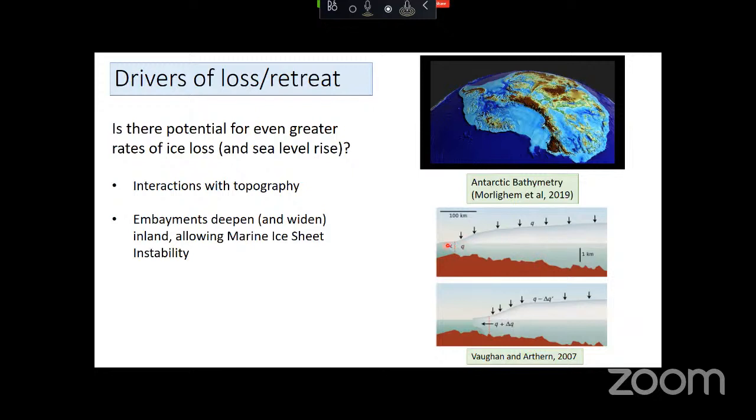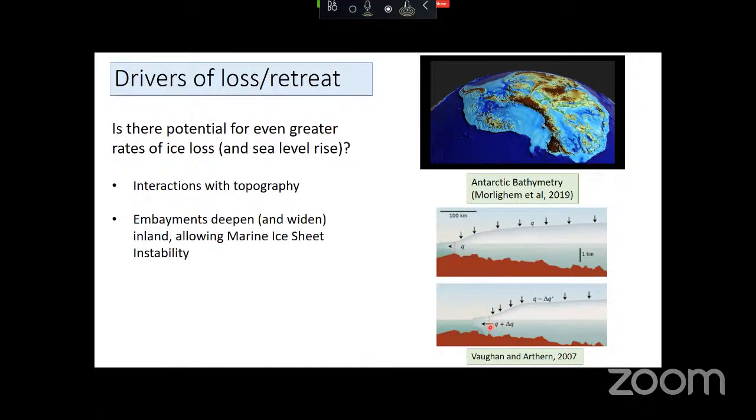And so if thinning occurs, if buttressing drops a little bit, and the grounding line happens to move inland, and this place where the grounding line retreats happens to be in a sector where the bed deepens inland, as it does over most of the West Antarctic ice sheet, well, then this increases the driving force for ice to be flowing, while at the same time not providing any mechanism to slow the ice down.